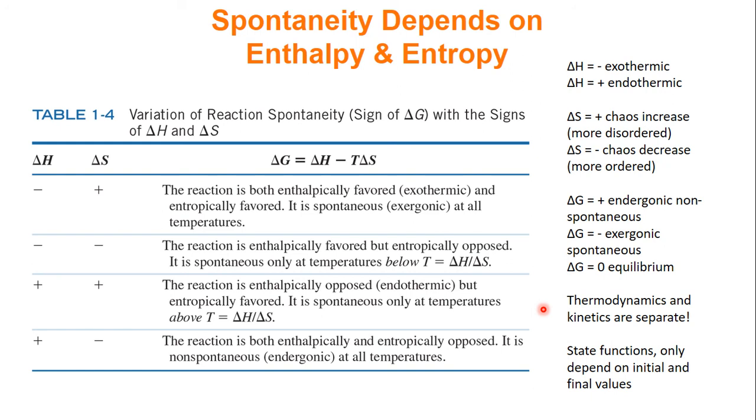And H, S, and G are what we call state functions, which means they only depend on the initial and final value, which makes it really great for chemists. We don't care how we got from initial to final. All we care about are initial and final, and this will make calculations much easier. Calculations you'll see in class.